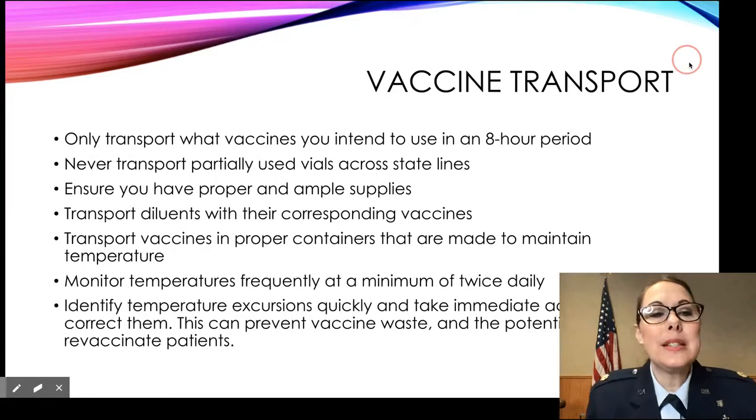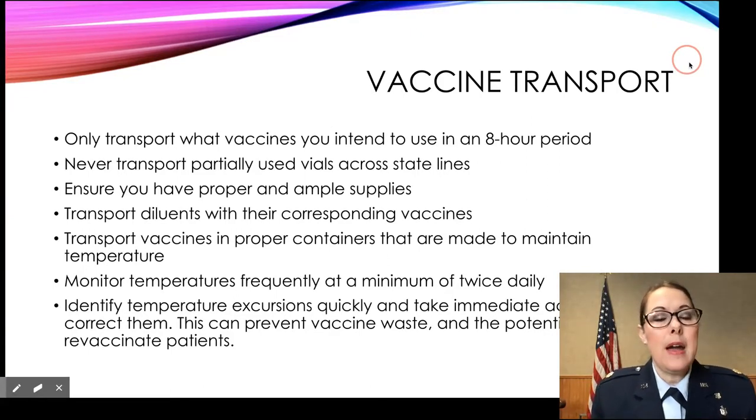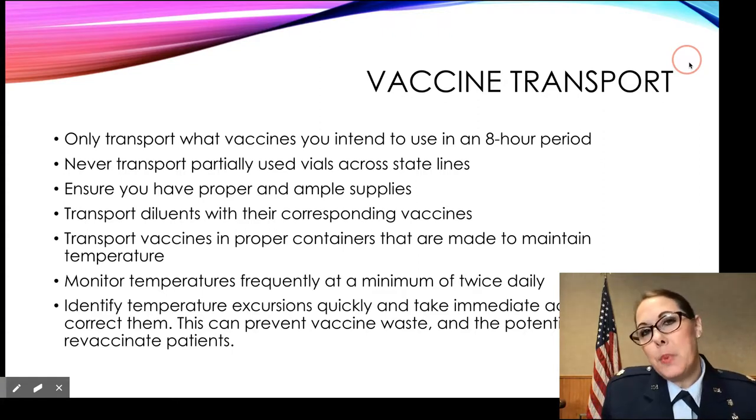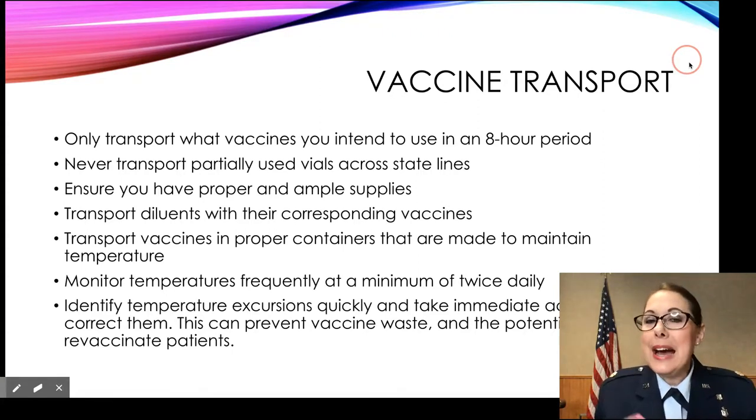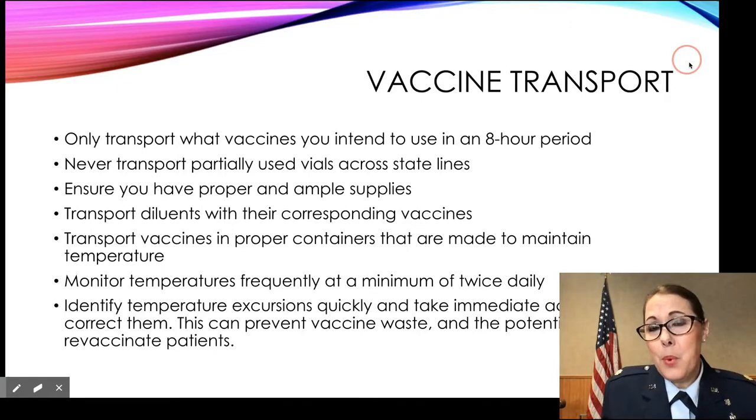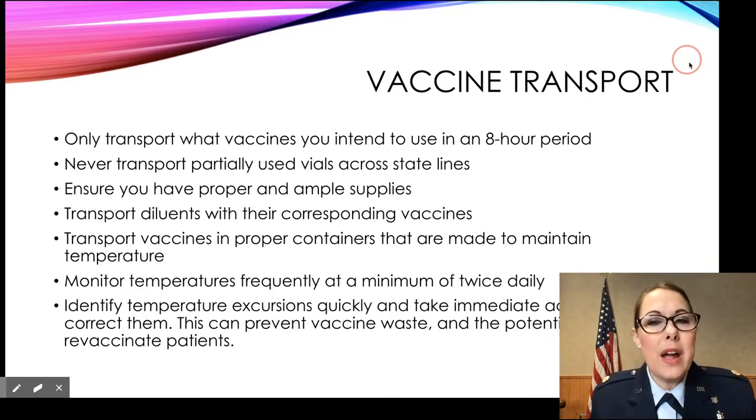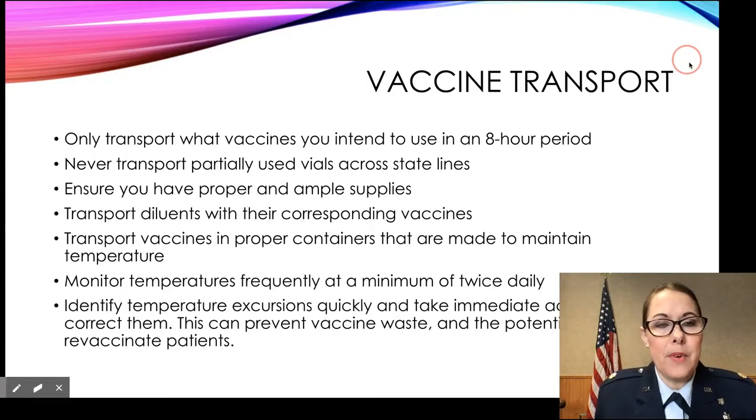Now, when you're transporting vaccines, we talked a little bit about the coolers, monitoring those coolers every hour. And you only want to transport enough for 8 hours. Again, you don't want to take 100 vials out and only use a portion of them, and now they've lost their potency. So you only want to transport what you're going to use in that time frame.